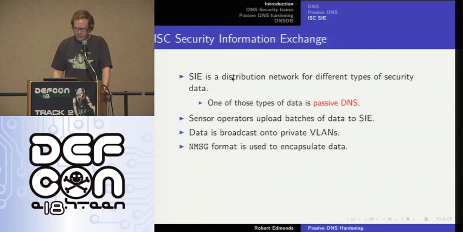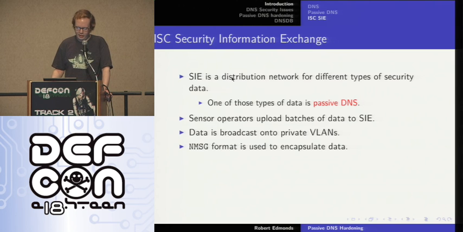And we use a standardized interchange format called NMSG, which we use to encapsulate the data. It's an extensible binary format that we've optimized for real-time transmission on jumbo frame Ethernet. And we use this format to record the raw packets that are captured by our passive DNS sensors. This allows us to add a good deal of metadata along with the raw messages.